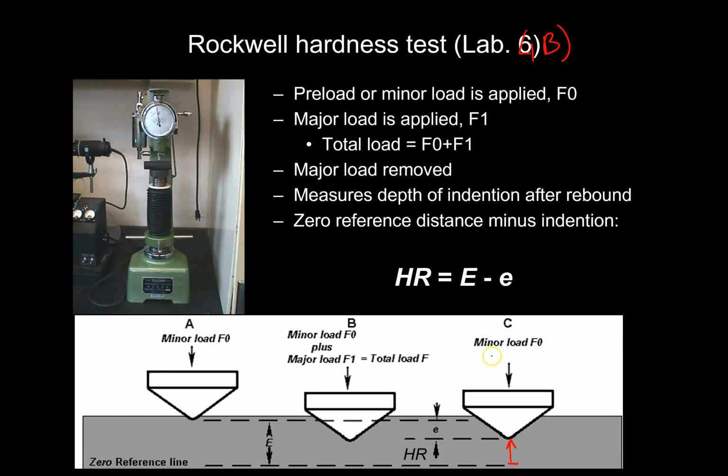So basically it's some sort of measure of elastic rebound. The harder the material, the larger that rebound in the specimen, and the material that's more plastically deformed by indentation will show very little rebound. That means it's mostly plastically deformed. So what we're measuring is really this number here.